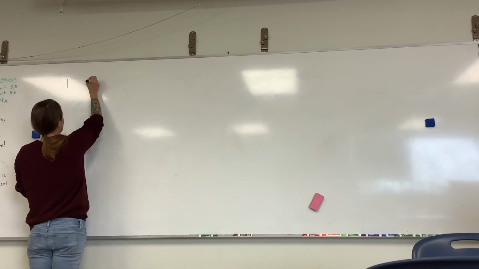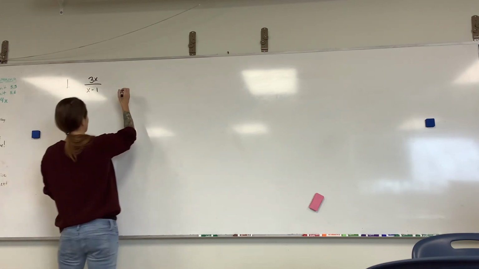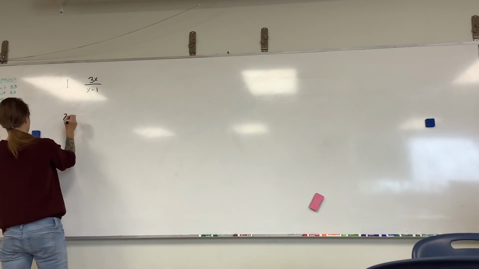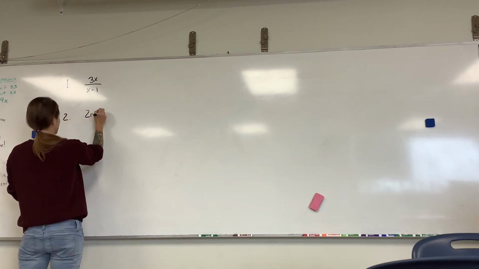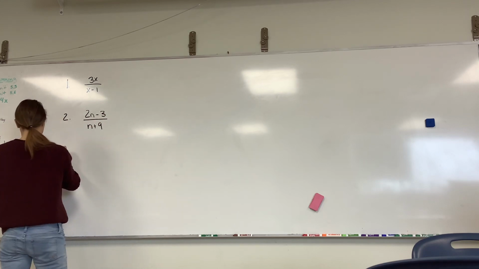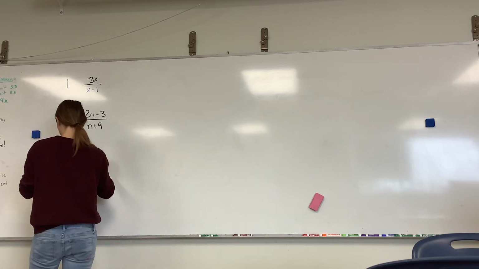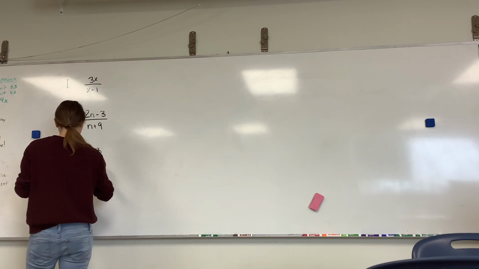So, on this review, number 1 and number 2, simplifying, I got 3x over x minus 1. Number 2, I got 2n minus 3 over n plus 9. Number 3, I got a minus 3 over a plus 4.